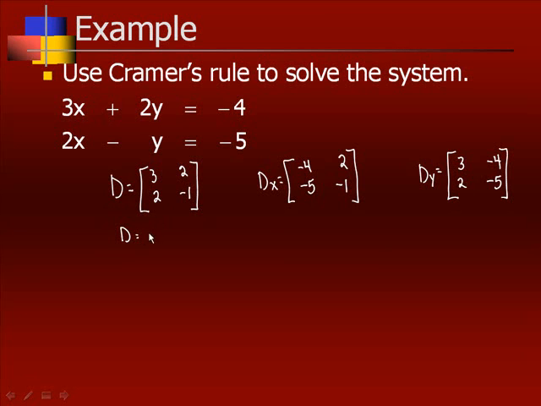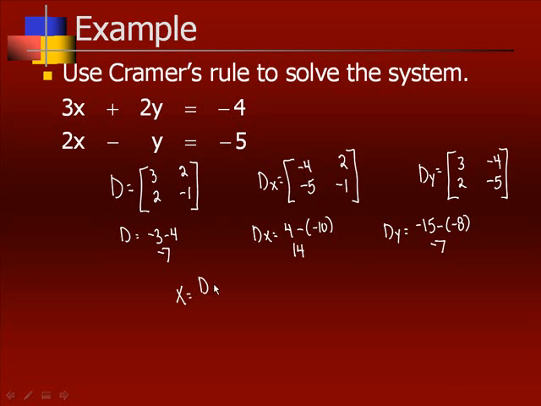So D would be -3 minus 4, which is -7. dx would be 4 minus -10, which is 4 plus a +10, which is 14. And dy would be -15 minus, because the formula says minus, and -8 is -7.